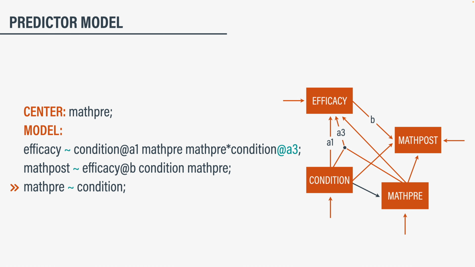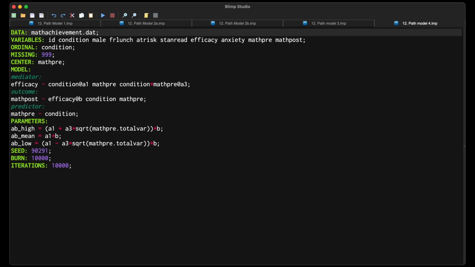I'm going to make math pretest scores a dependent variable that depends on condition. So essentially I'm replacing the curved arrow with a straight arrow. And the reason why I'm doing that is going to become clear on the next slide. Any variable that has an incoming arrow, any outcome variable in our model, we're going to be able to access its standard deviation in the parameters sections.